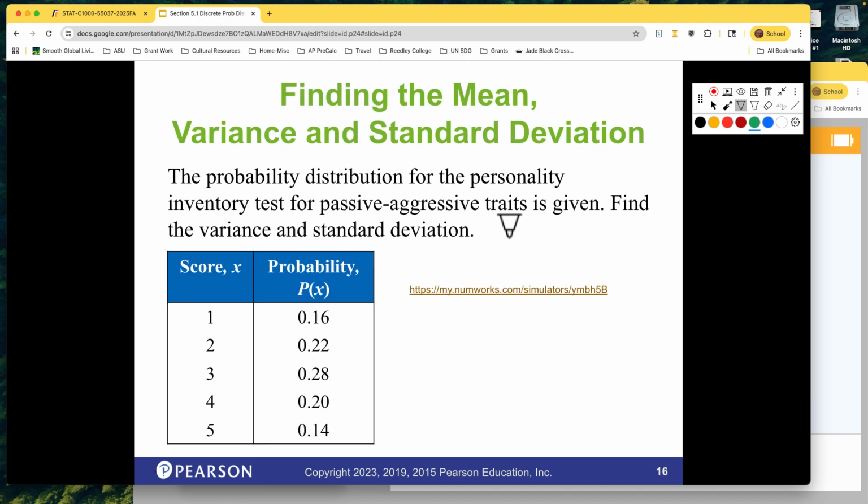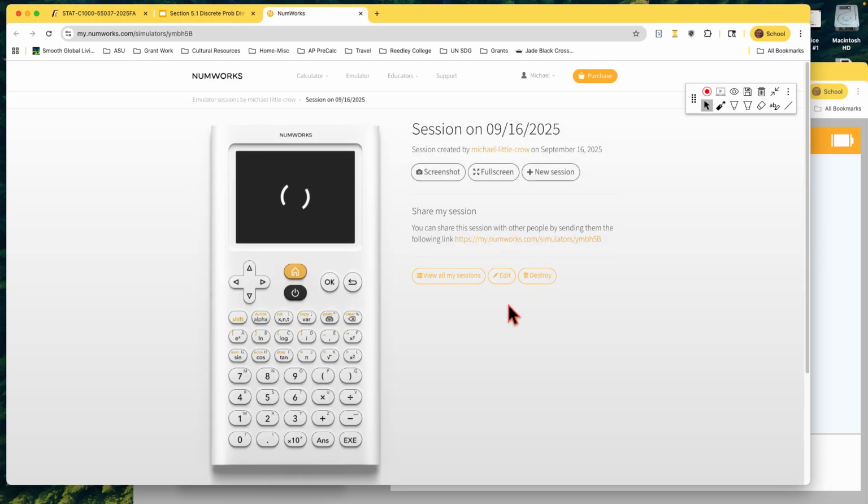But apologize. Okay. So this is the way I want you to do these questions. They will give you a probability distribution. And as long as it's a probability distribution, the mean is you take the x, and we'll do this by hand afterwards. But what I'm going to do is show you we can go to the NumWorks calculator. I did already put the values in to save us a little bit of time.